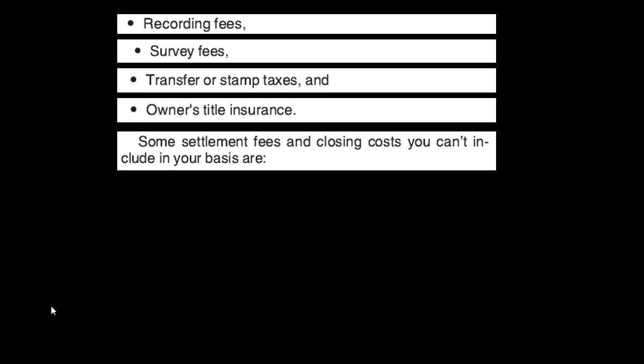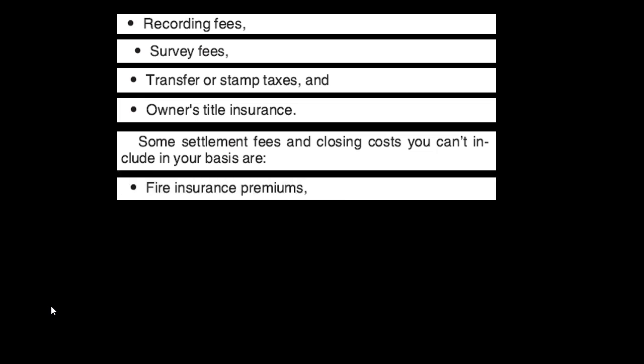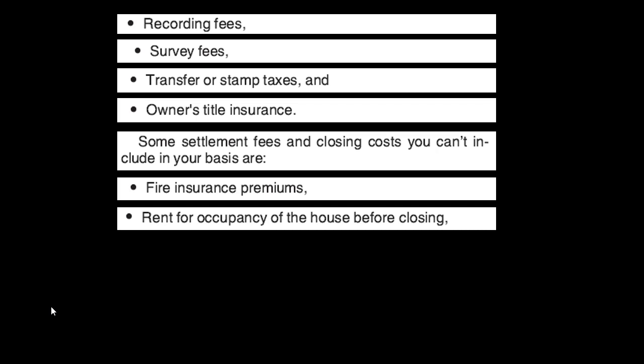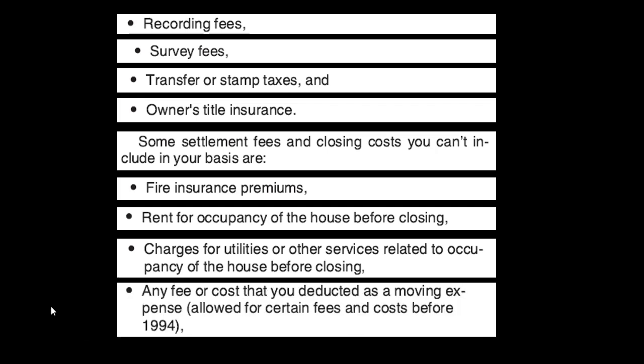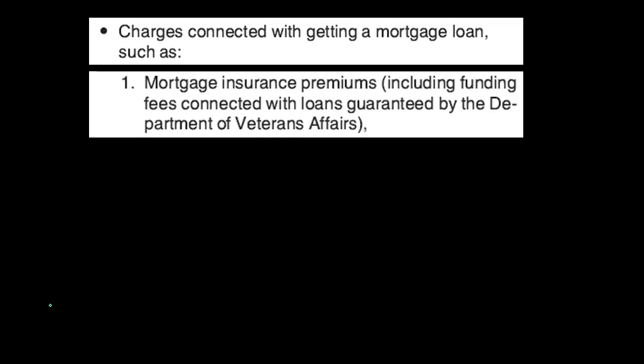Some settlement fees and closing costs you can't include in your basis, and these are the ones that you cannot include. Those are fire insurance premiums, rent for occupancy of the house before closing, charges for utilities or other services related to occupancy of the house before closing, any fee or cost that you deducted as a moving expense allowed for certain fees and costs before 1994, and charges connected with getting a mortgage loan, such as: 1.